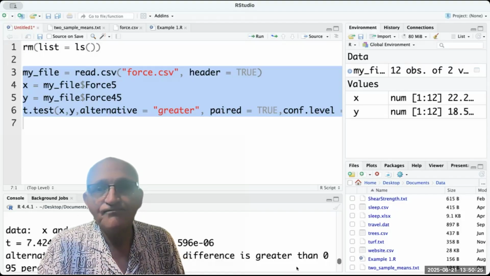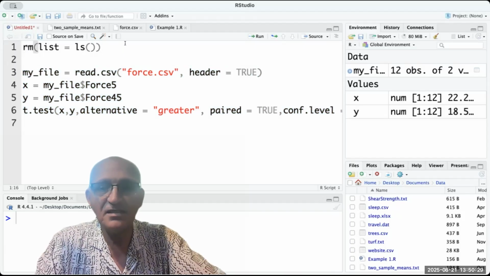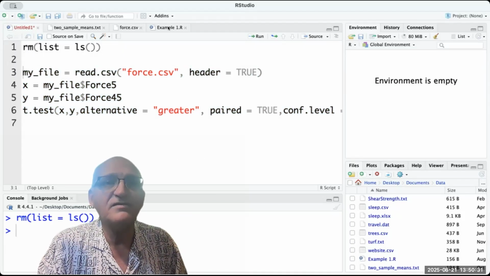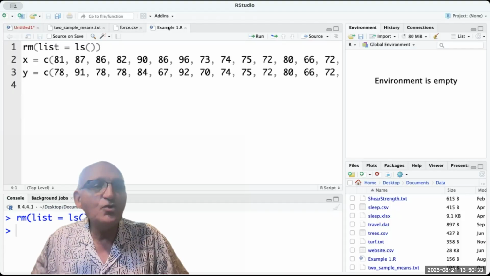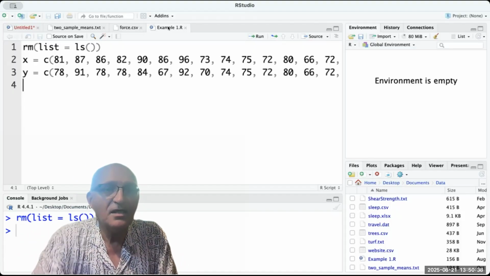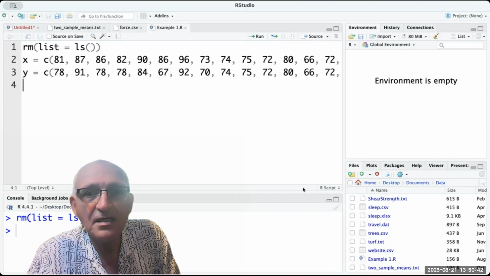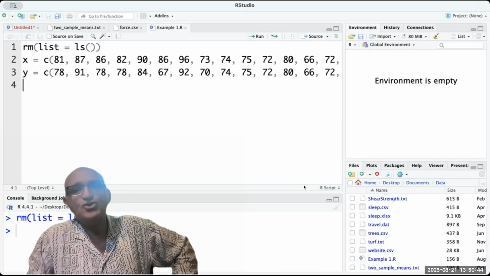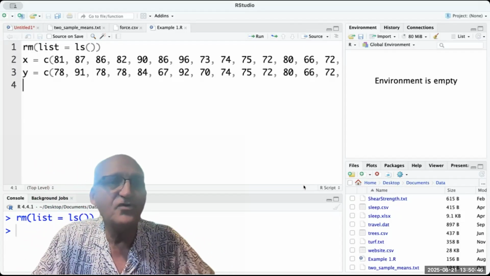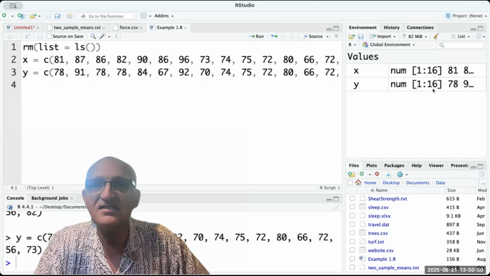Okay, let's clean this. Let me run this line, which I think is already there. So here's the example. We have two lists, x and y. They are the same size. Let's run this. I have here 16 data points.